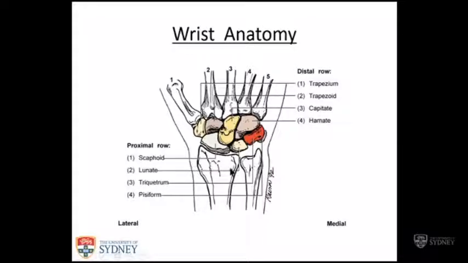So radius and ulna and scaphoid, and less commonly, all the other carpal bones. You need a pretty dramatic or a more high force injury to fracture any of these other carpal bones. So what you'll immediately assume in most fractured wrists is either a fractured radius or ulna or both, or fractured scaphoid.